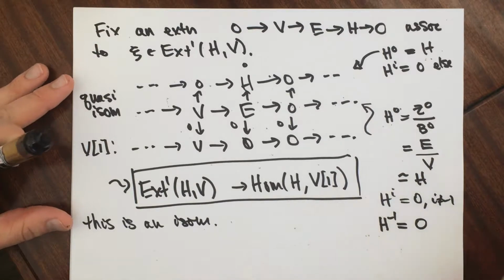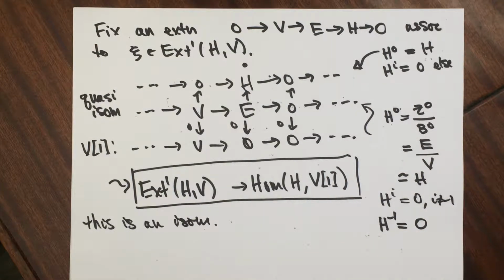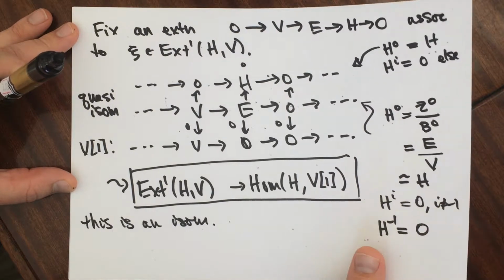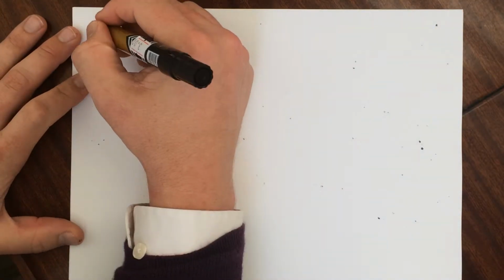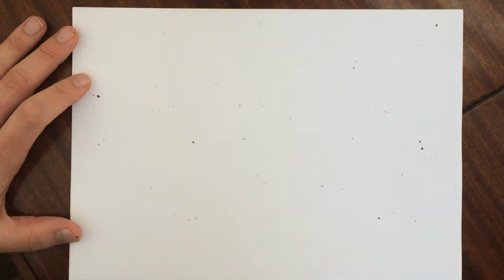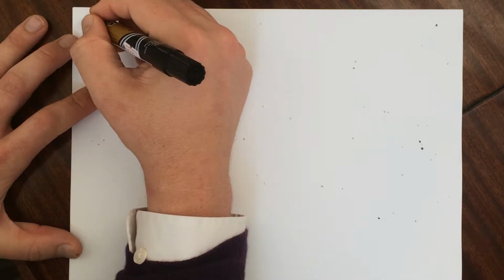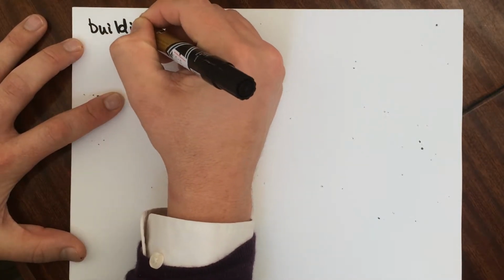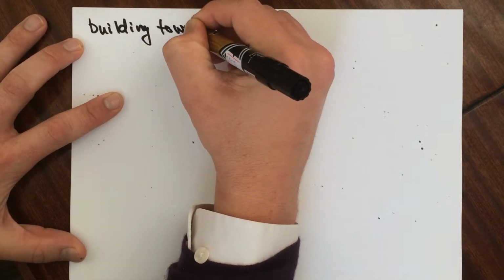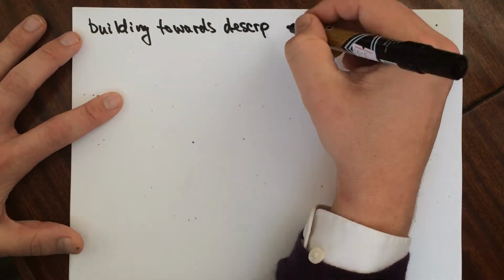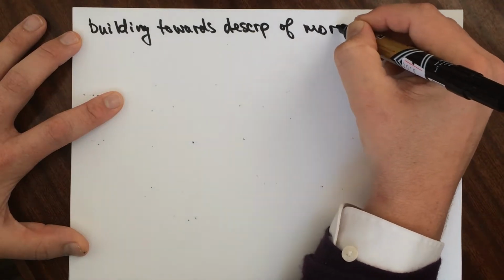Okay, so in general, derived categories are going to behave a bit nicer. So let me say some other things about derived categories. So let me give you a description of the morphisms. I'm going to be building towards a description of morphisms.